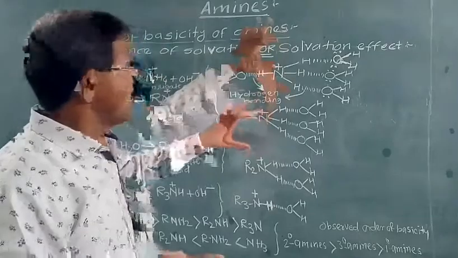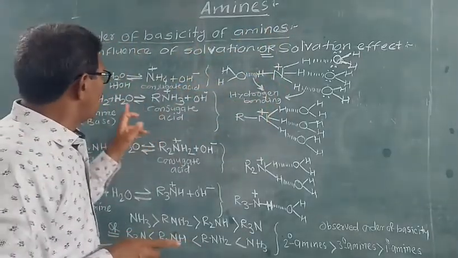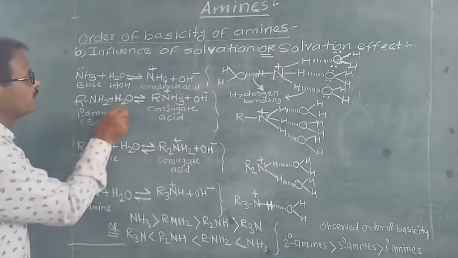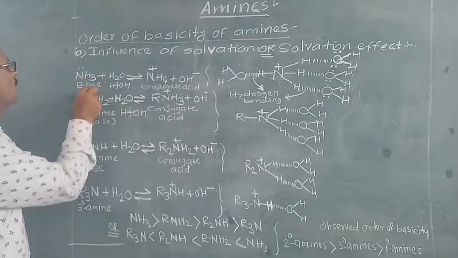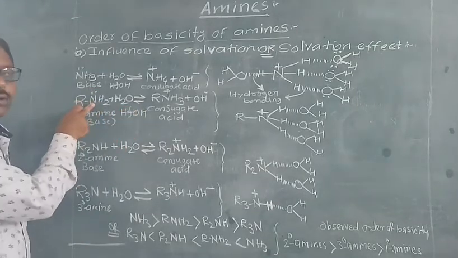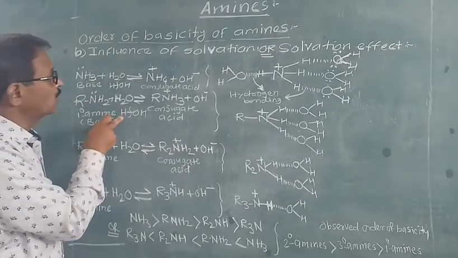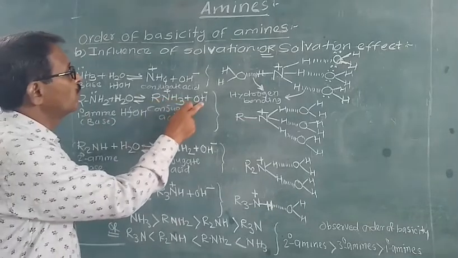Now we will go for the primary amines. RNH2 plus H2O, where the bond between H and OH breaks. This RNH2 nitrogen is electron rich, and it donates the pair of electrons to this hydrogen atom, forming RNH3+ and OH minus.